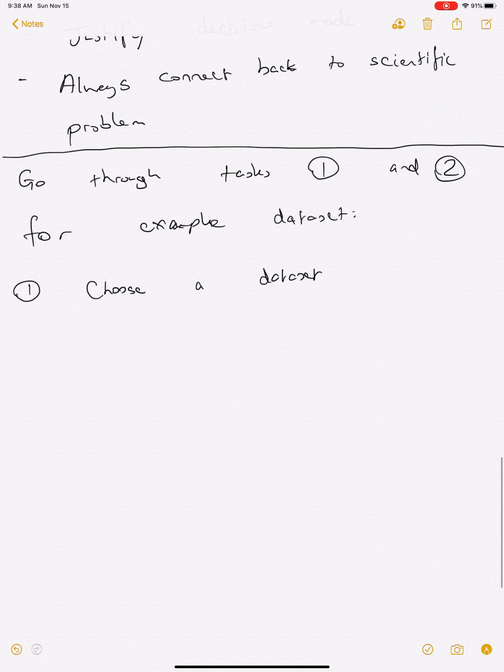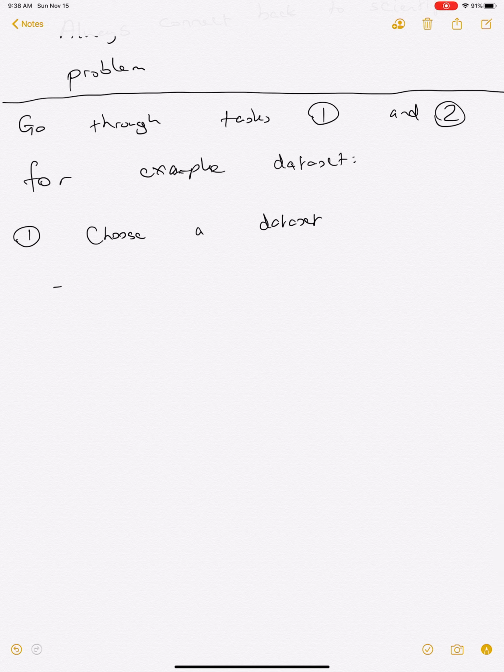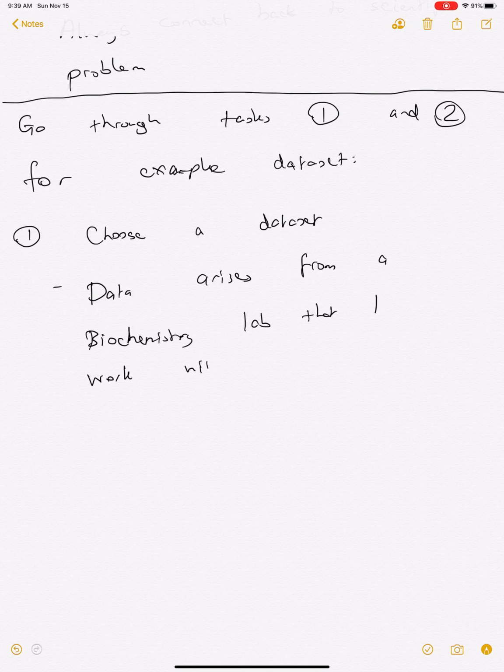In terms of choosing a data set, the data arises from a biochemistry lab that I work with. I have a collaborator on campus, and they're interested in using statistical or data-driven methods to solve some of their biochemistry problems, and I'll talk about that shortly.